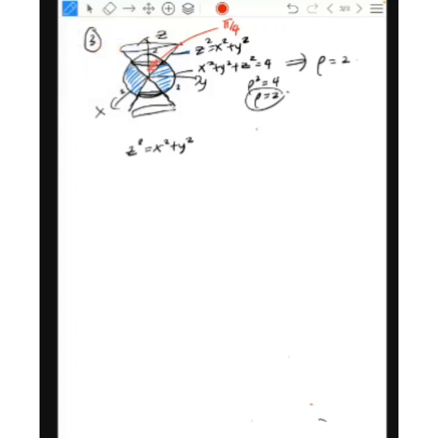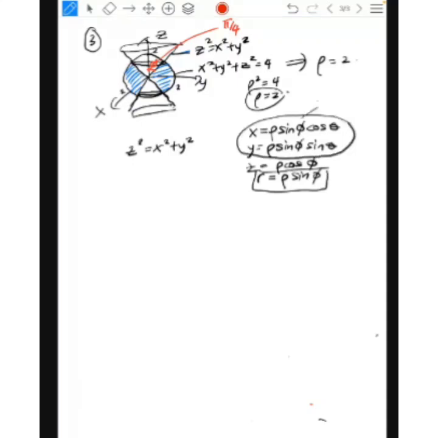Actually, you have x equals rho sine phi cos theta, y equals rho sine phi sine theta, z equals rho cos phi. This is all given in your final, don't worry, except for the r. The r is not given, I think. The r equals rho sine phi. But actually you can find the r from here lah. Why? Because r squared equals x squared plus y squared.